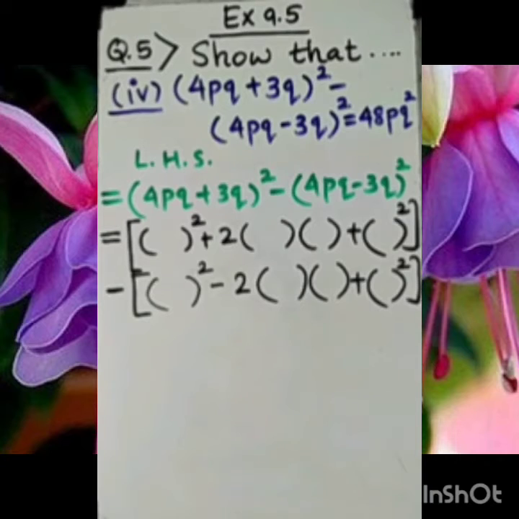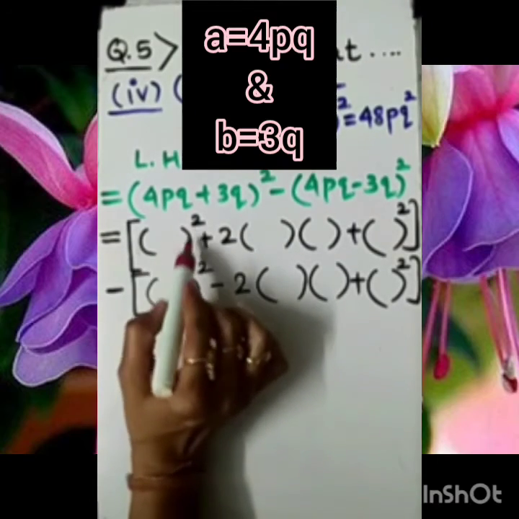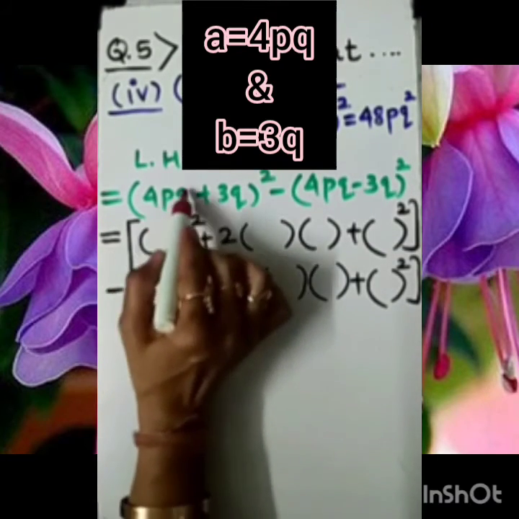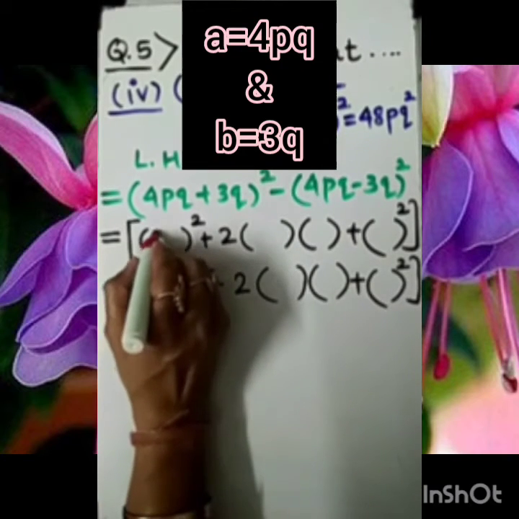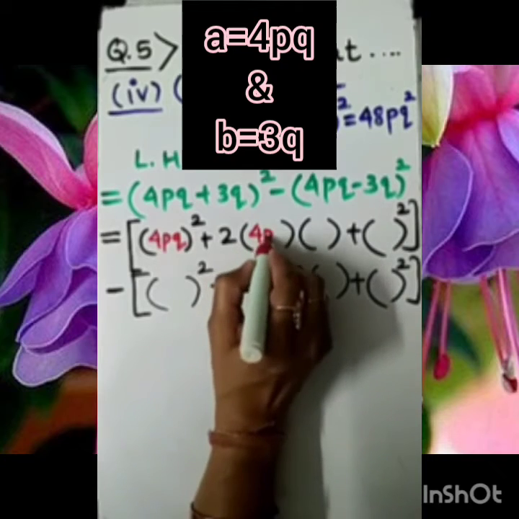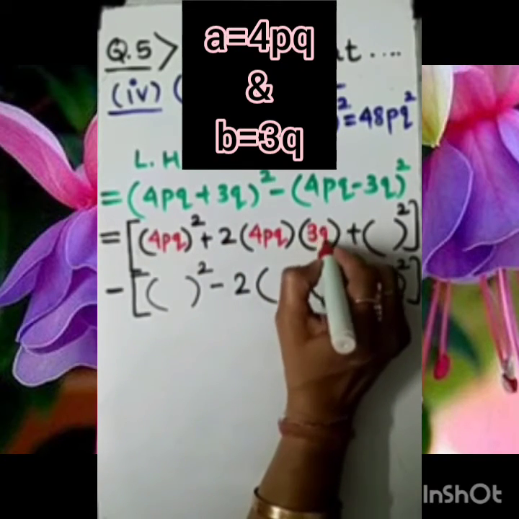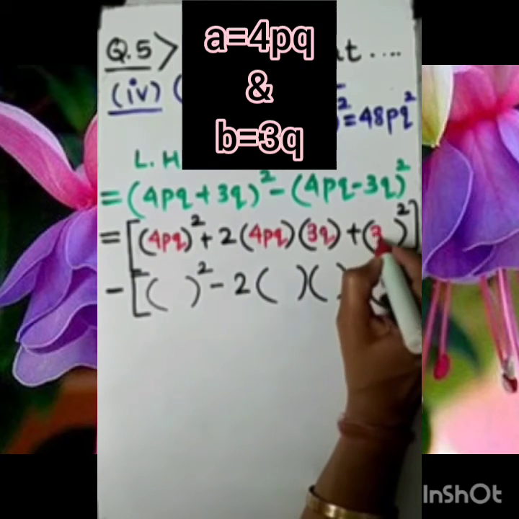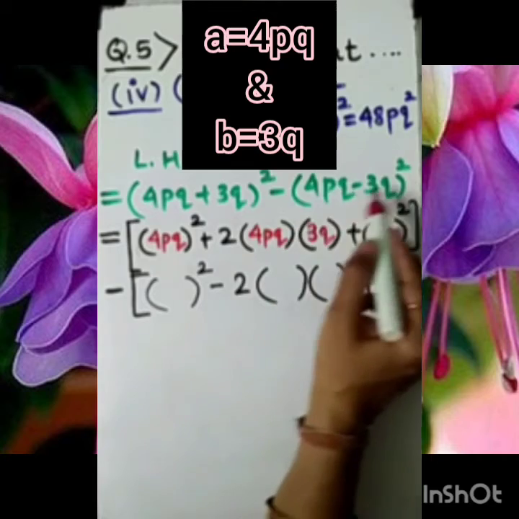So, my dear student, here we need to put the values now. What is A? If we compare, the first term is A and the second term is B. As we know, we need to write A first, 4pq. This is also the first term 4pq. The second term is q, here also the second term q. Same thing I am going to apply for the second part.